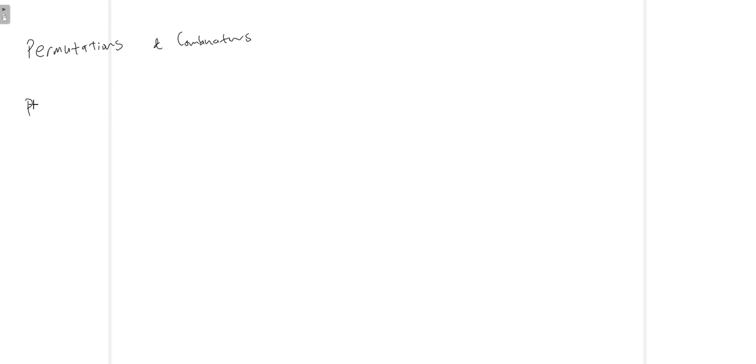One, permutations with repetition, permutation without repetition, combinations without repetitions, and combinations with repetition. I'm talking about these in this order because it makes sense logically as I explain how to come up with it.